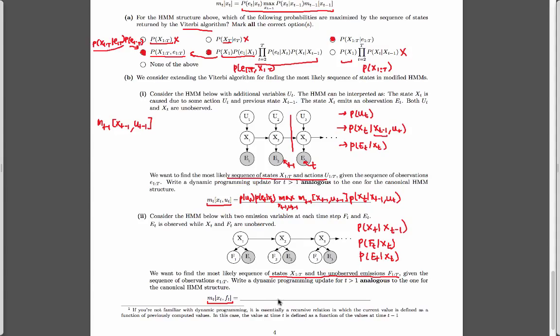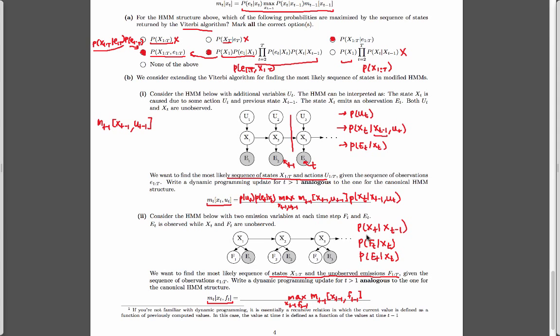And what we're going to be doing is maximizing over the previous time step, so maximizing over x_{t-1} and f_{t-1}. And we can also take into account our update from the previous time step, which is going to be m_{t-1} of x_{t-1} and f_{t-1}.